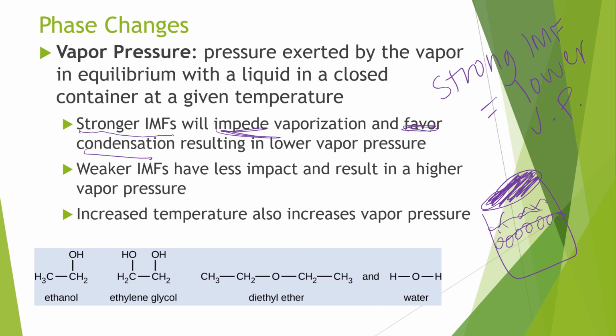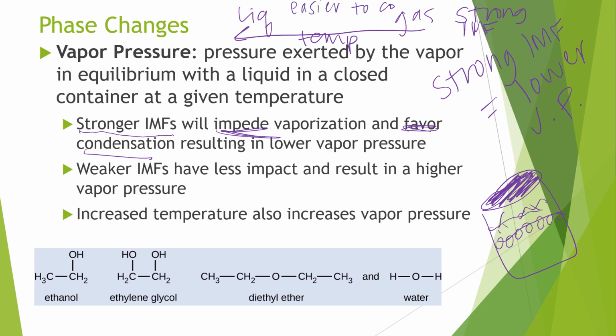If I am starting as a gas and I am decreasing in temperature, so I'm turning into a liquid, that's going to be easier. When I have strong intermolecular forces, it's going to be easier to condense because the molecules are super attracted to each other. So when they get into close contact, they want to remain that way. So harder to vaporize, easier to condense.